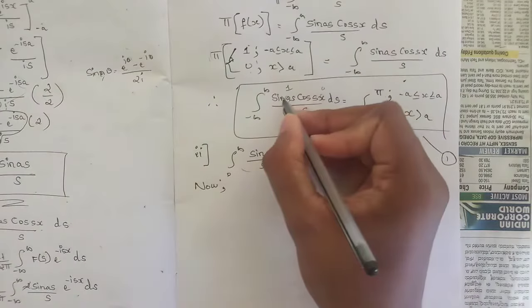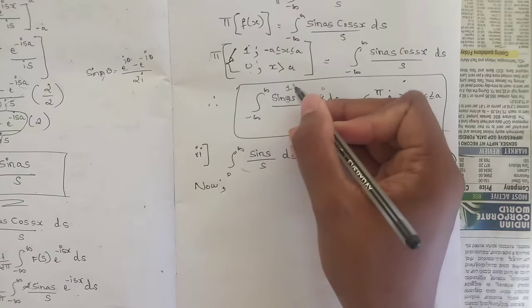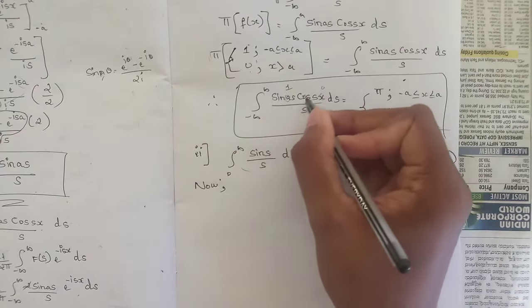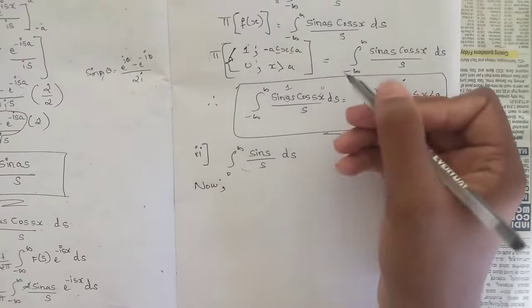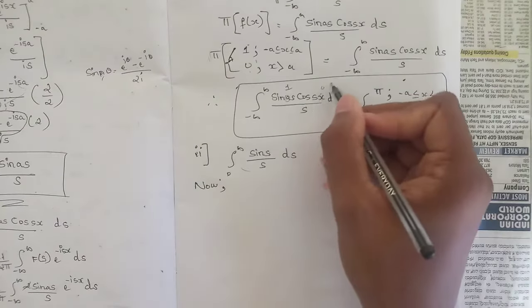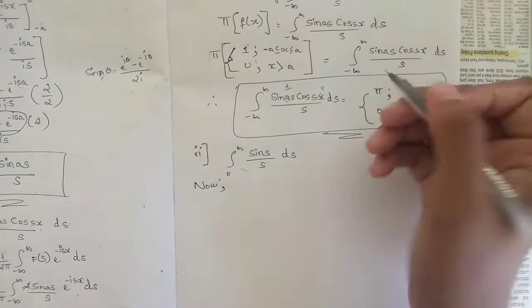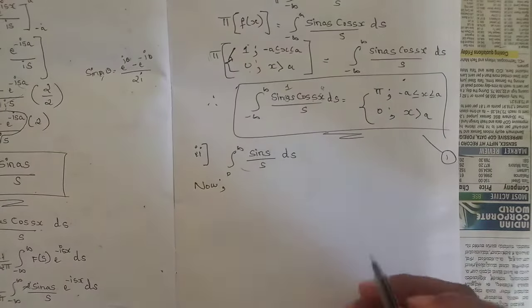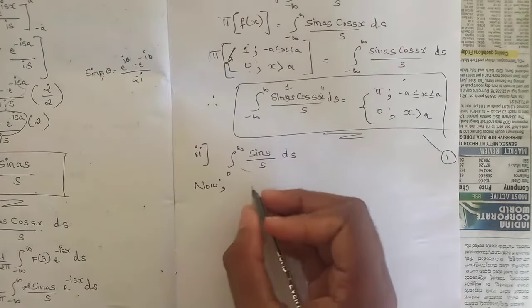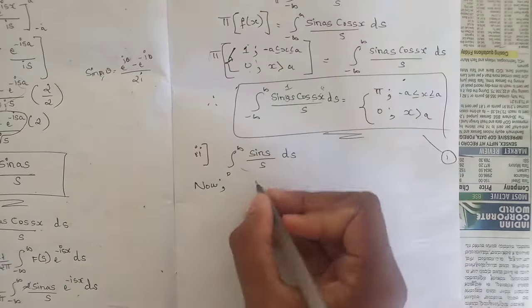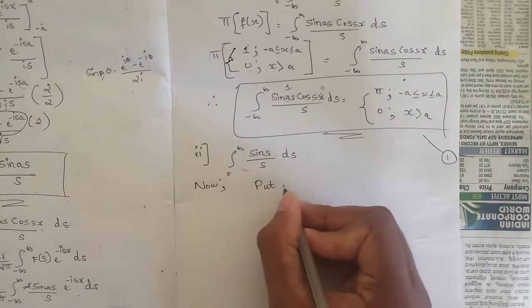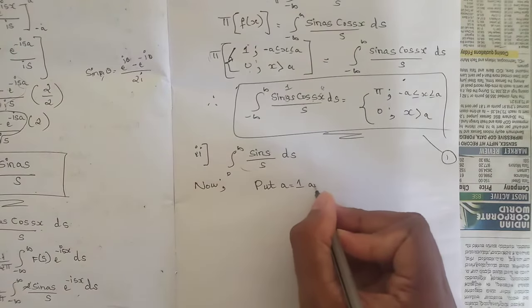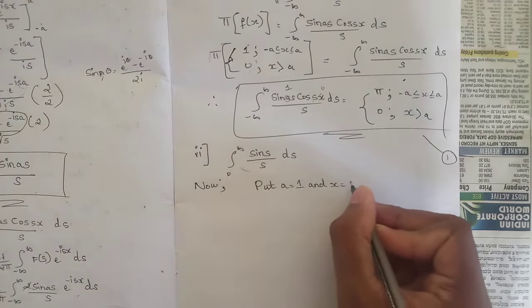If a is 1, this is equal to sin s into cos 0. Anything into 0 is 0, so the cos s term is 0, divided by s into ds. Yes, we are getting the same. So in this equation, put a equal to 1 and x equal to 0.